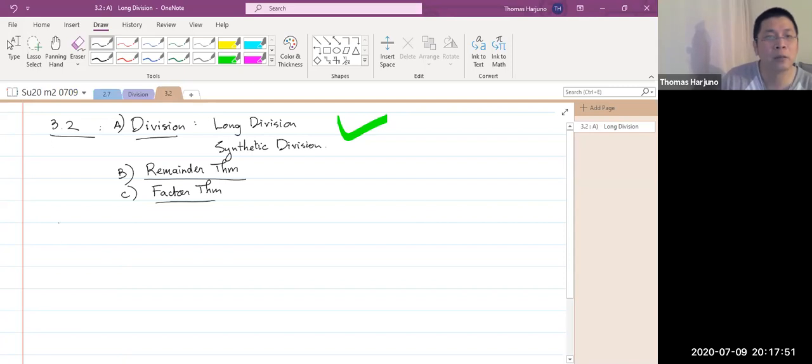Okay, what is the remainder theorem? Part B, remainder theorem.